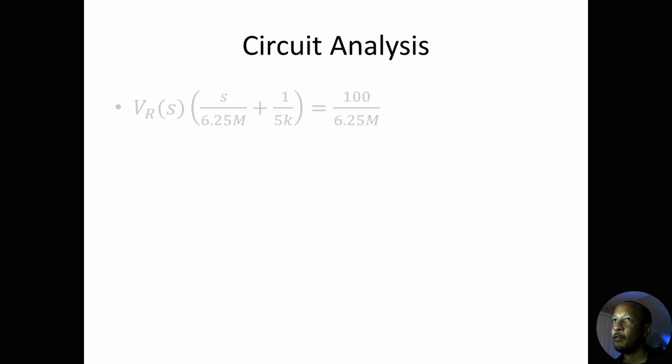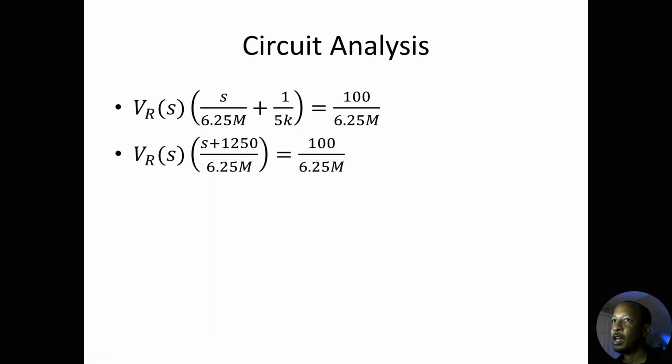Okay, so next we have VR of S times (S over 6.25 meg plus 1 over 5K) equals 100 over 6.25 meg. Next we have VR of S times (S plus 1250) divided by 6.25 meg equals 100 over 6.25 meg.